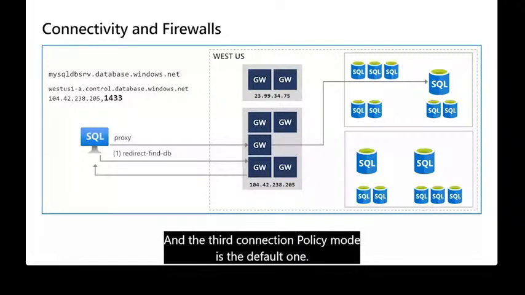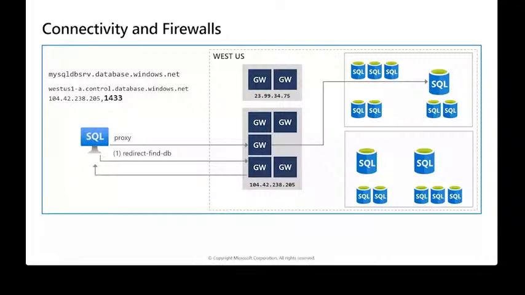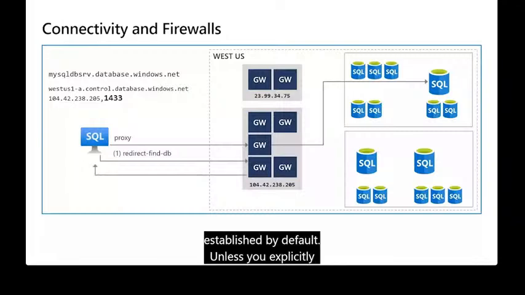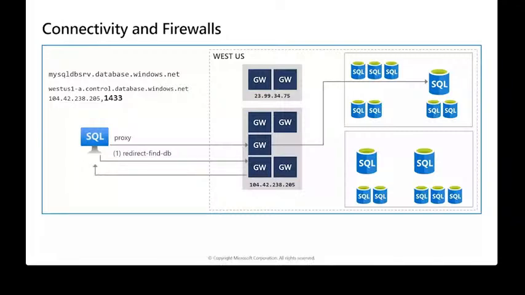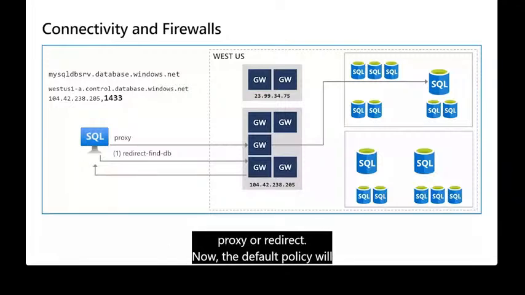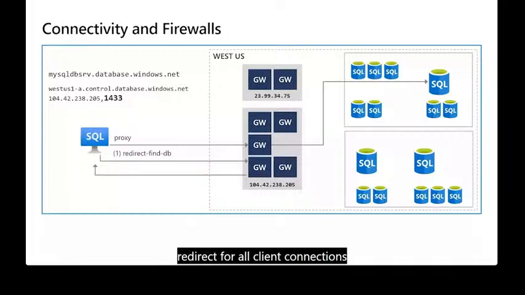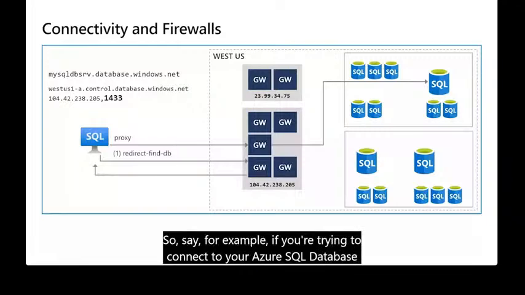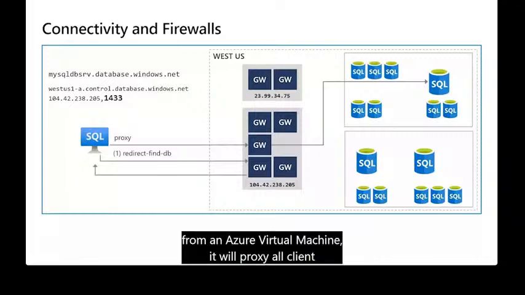And the third connection policy mode is the default one. So this is the connection policy that's established by default unless you explicitly alter the connection policy to either proxy or redirect. Now, the default policy will redirect for all client connections originating inside of Azure. So say, for example, if you're trying to connect to your Azure SQL database from an Azure virtual machine, and it will proxy all client connections originating outside of the Azure network.